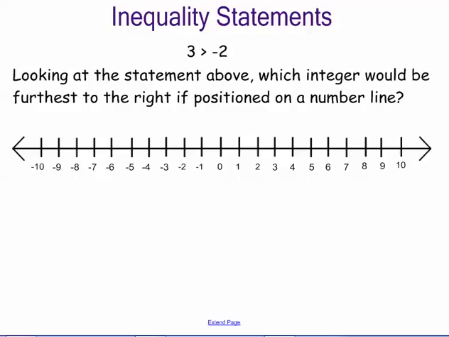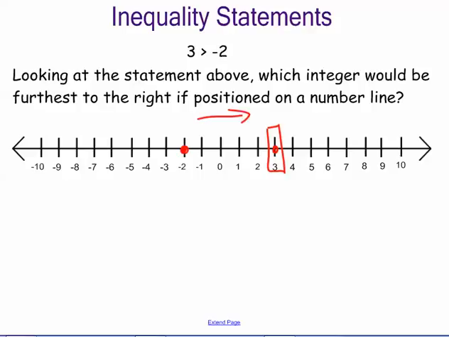So let's look at the next one, which you also have on your notes. Why don't you go ahead and do that one? Go ahead and put it on the number line. So 3 and -2. Which one is furthest to the right? Hopefully you said 3. So 3 is greater than negative 2.